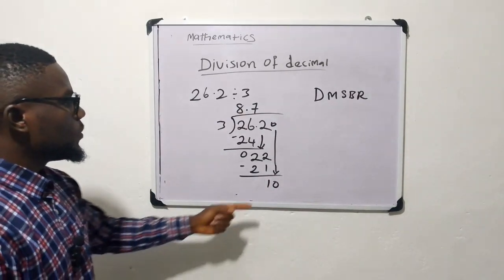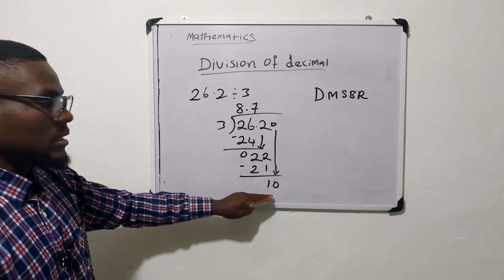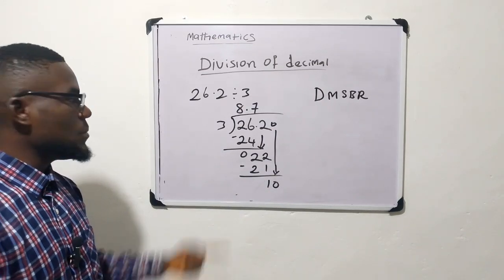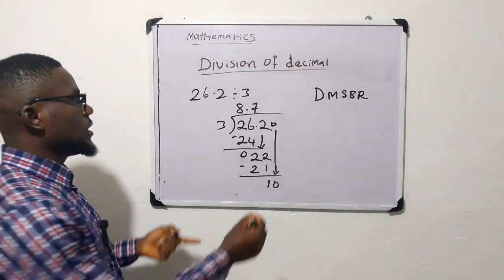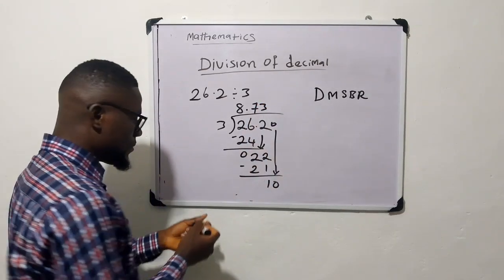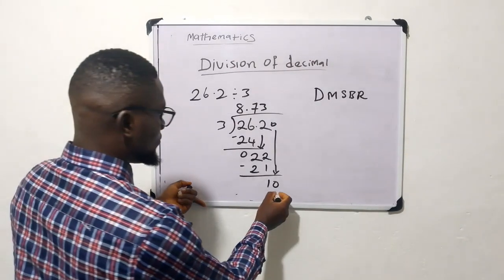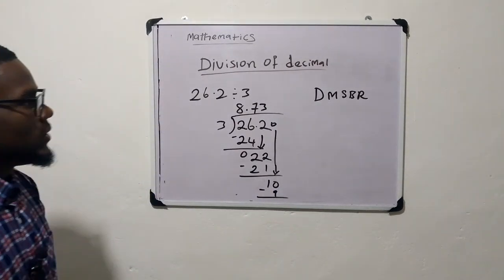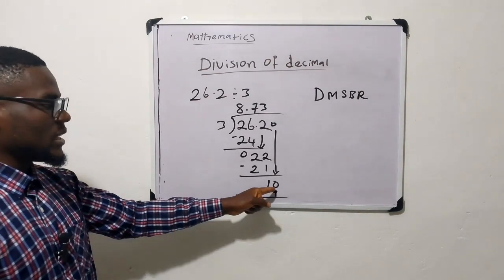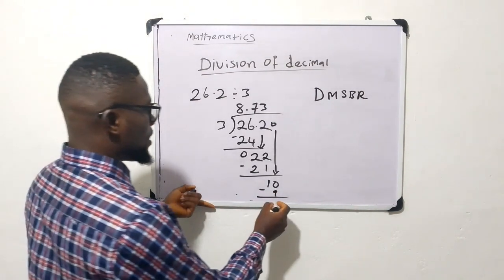All right, now how many 3 in 10? You know it is 3, because 3 times 3 is 9. You have 3 here. When you multiply 3 by 3, you have 9. Alright, now let's subtract. When you subtract 9 from 10, you have 1 left.